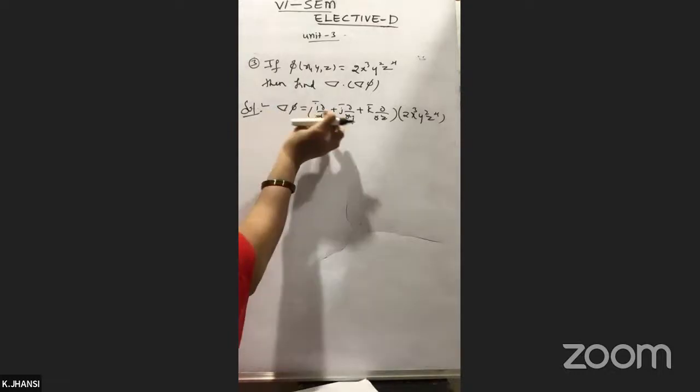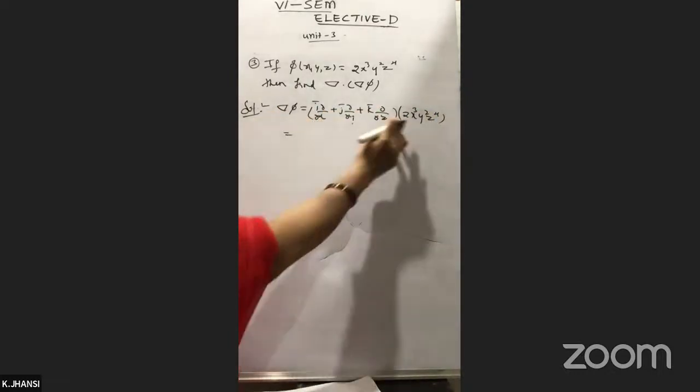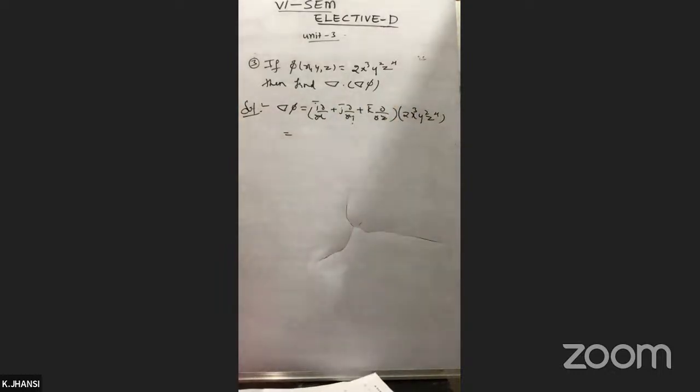Okay. So now when you do the differentiation of this whole thing with respect to x, x cube will become 3x square.